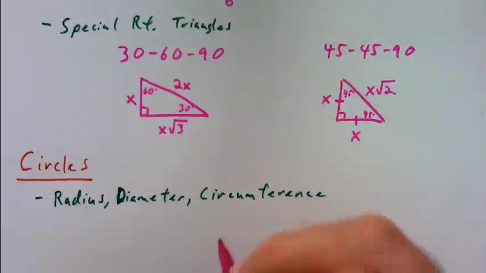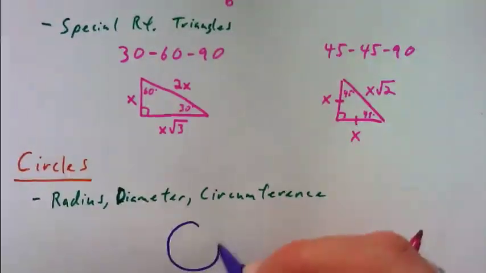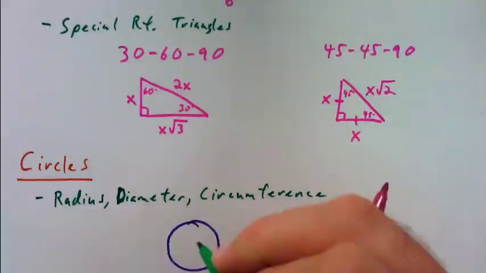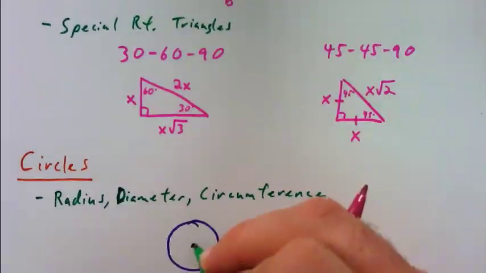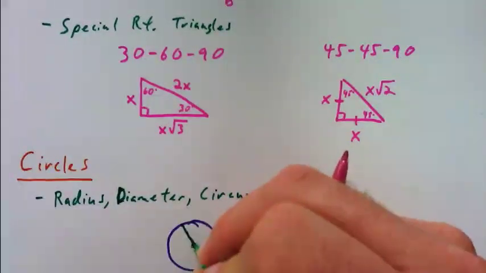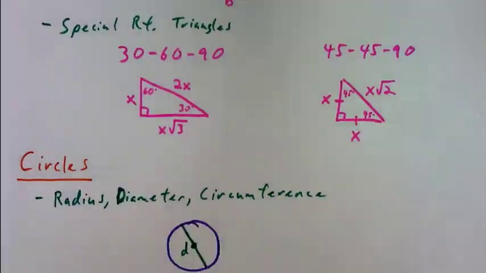So again, in a circle, and my center point to the circle, the distance all the way across, going through the middle of the circle, is the diameter.